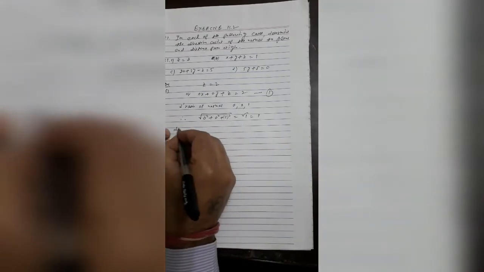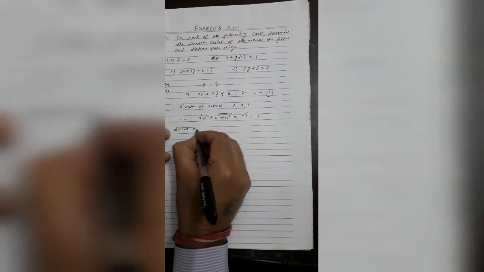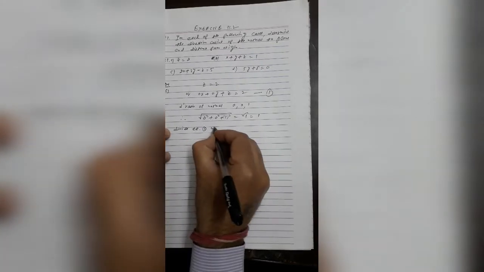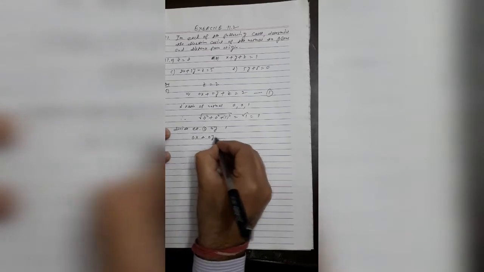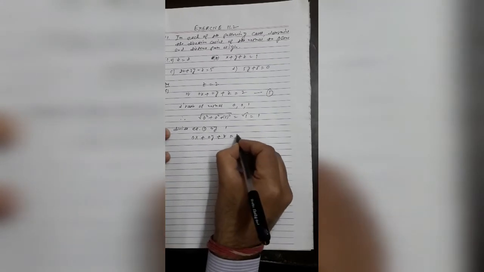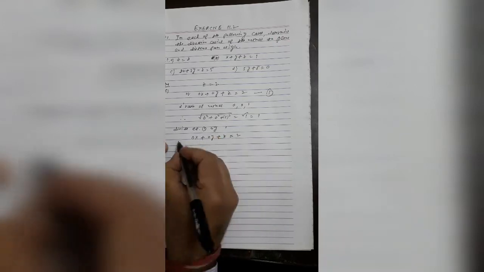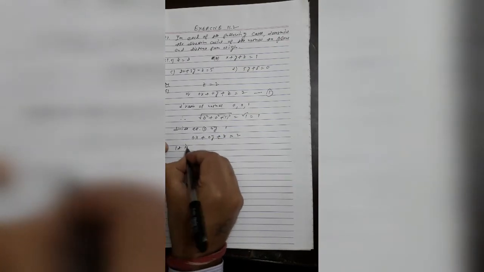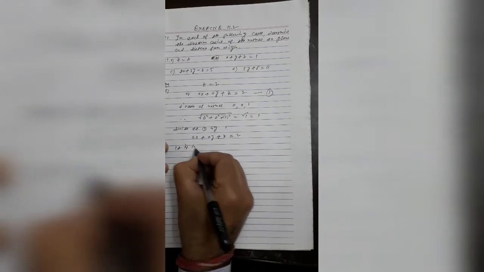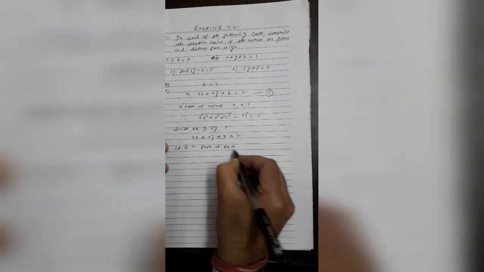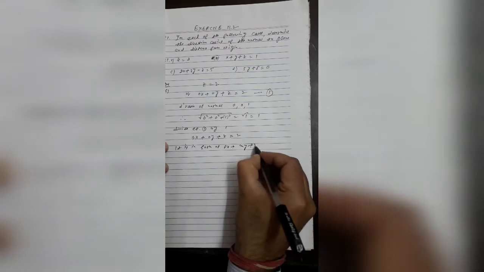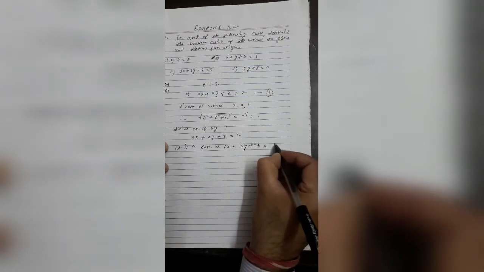Now divide equation 1 by 1 and we will get 0x plus 0y plus z is equal to 2. It is in the form of lx plus my plus nz is equal to d.